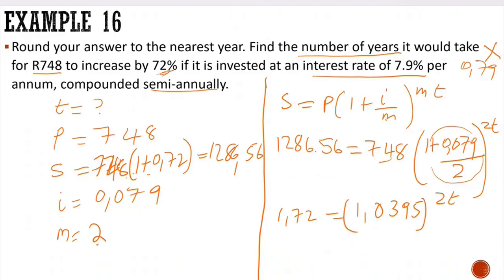You apply the logs. The logs are saying your t is going to be equal to log 1,72 divided by log of 1,0395. I'm not going to finish off the answer. You can just see this is a repetition. Okay, this is repeating itself.